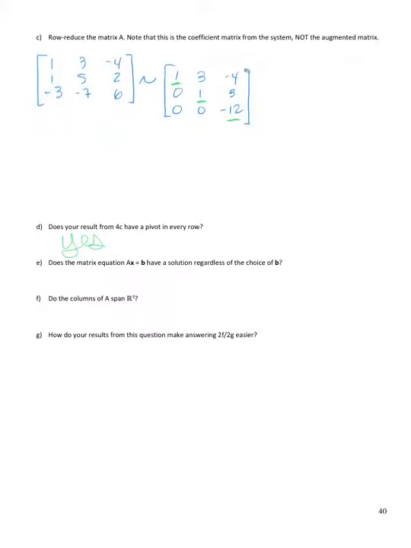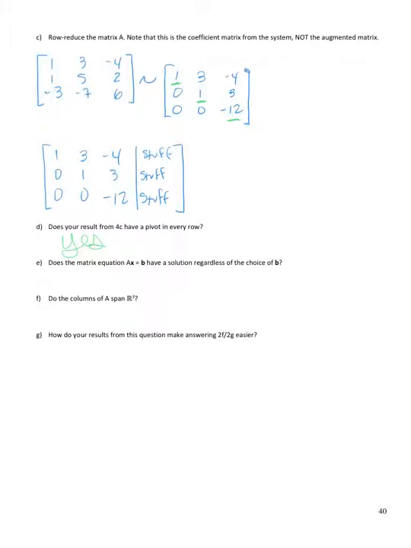This is the row reduced matrix A. So if I had augmented with a B, I would still have 1, 0, 0, 3, 1, 0, -4, 3, -12, and then I'd have some stuff that has B1, B2, and B3 in it.